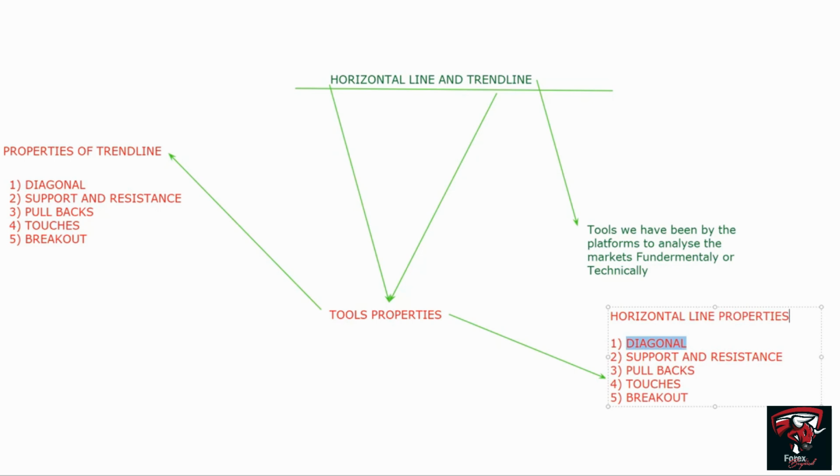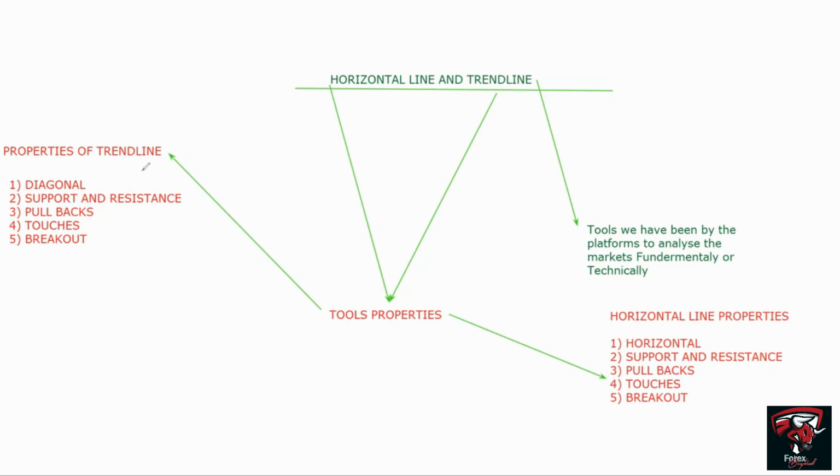It's horizontal, by the name. Then support and resistance, touches, everything. So these are the things that you need to understand: each and every single thing here has its own purpose.